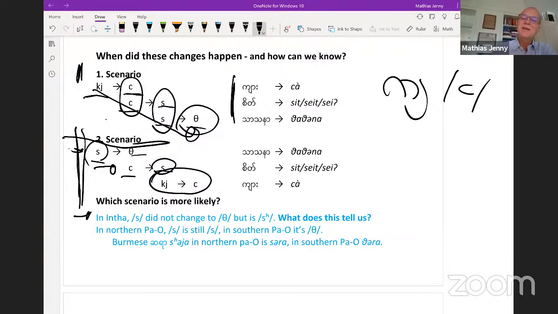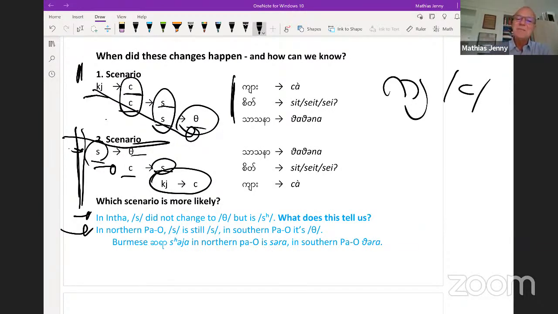And also in Karenic, I told you, all sa became tha, but not in Pa'o, northern Pa'o, spoken in the Taungyi Inlet area. There, the old sa is still sa, but in southern Pa'o, spoken near Thaton in Mon State, there you have the change.